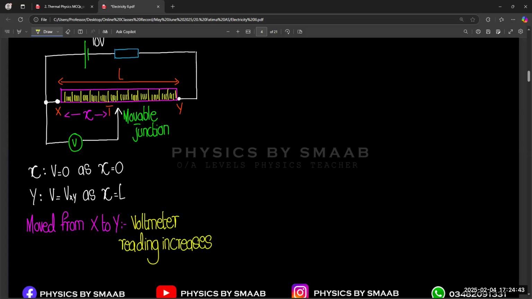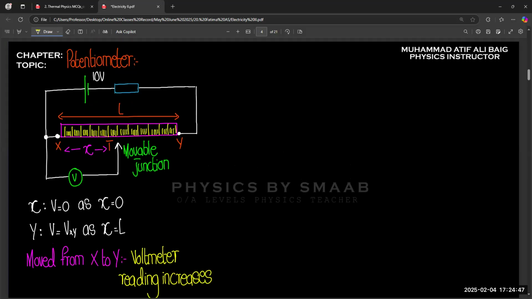Voltmeter reading increases because resistance is directly proportional to the length. If we consider maximum length, we will get maximum voltage. And the logic is very simple, because voltage and resistance are directly proportional, and we are using ohmic materials, not any non-ohmic material in this whole setup.